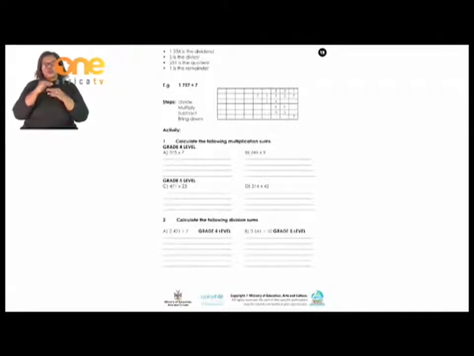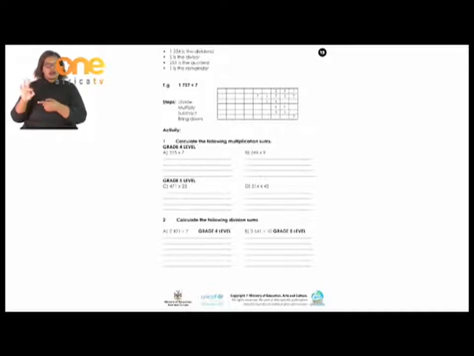Good. Boys and girls, let's look at the activity. The first one, it says, calculate the following multiplication sum. For the grade 4 level, I want you to work it out. A, 315 times 7. And B, 246 times 9.